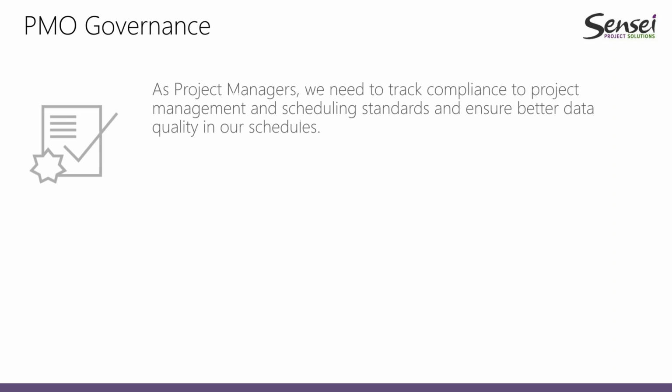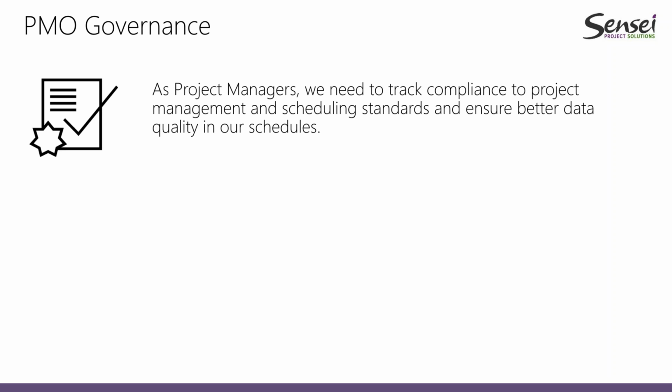So why is this important? We have to think of governance and compliance as a way for us as project managers to track compliance to project management and scheduling standards. And also we need to ensure that our schedule, or our schedules if we are managing multiple projects, present good quality in terms of data.